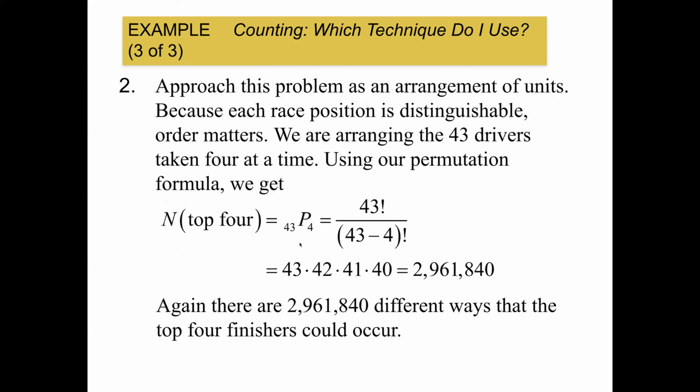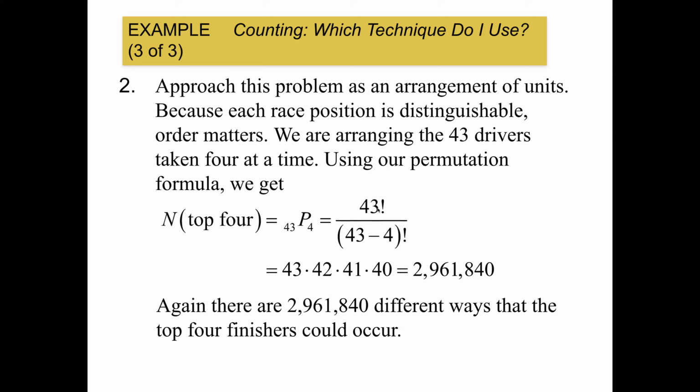We could do it using the permutations formula. The permutations formula is saying, in a distinct group of 43, how many ways can I choose a group of 4? That's r here. With regard to order. I care about the order. So I use the permutations formula rather than combinations.